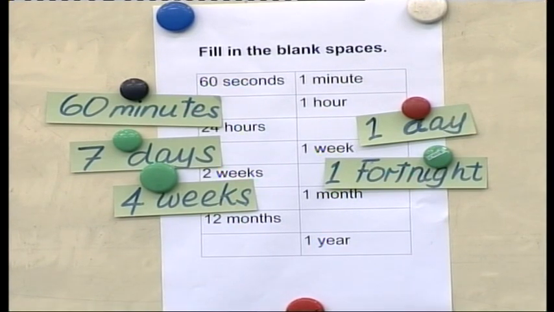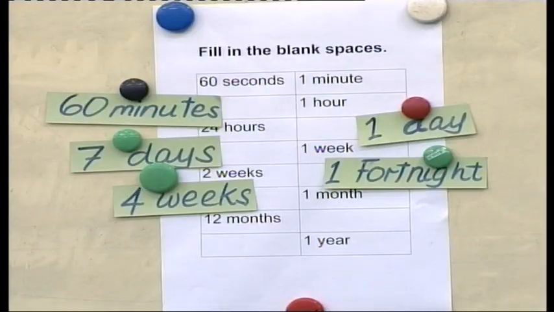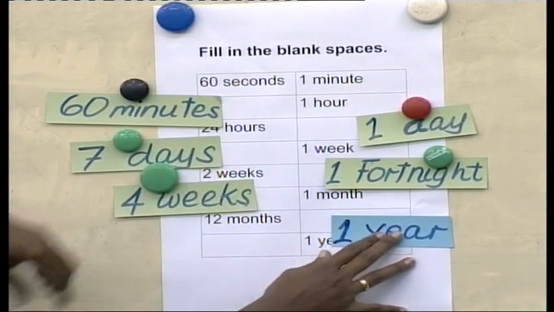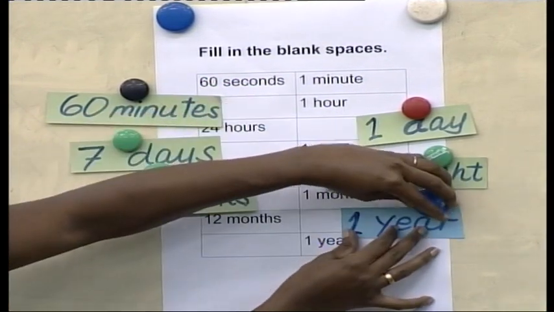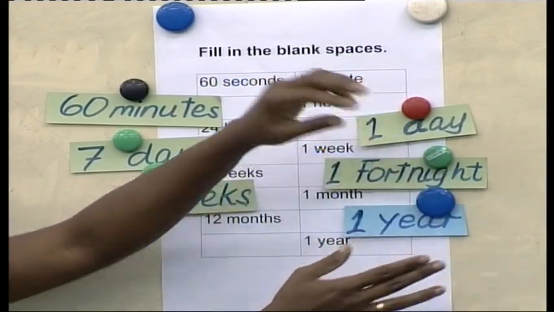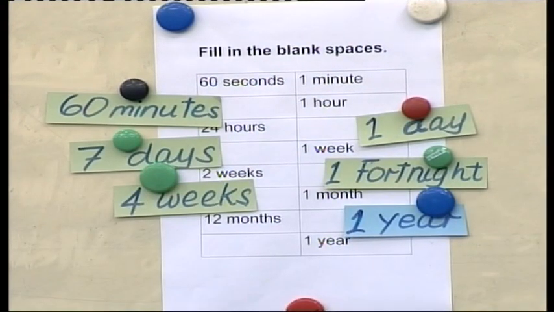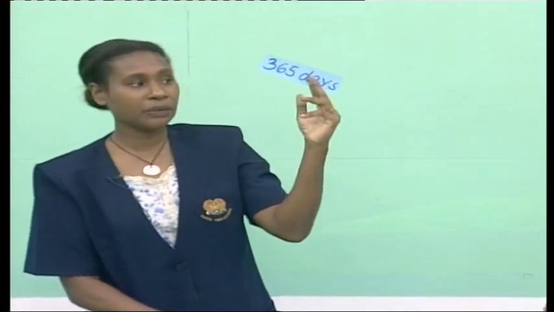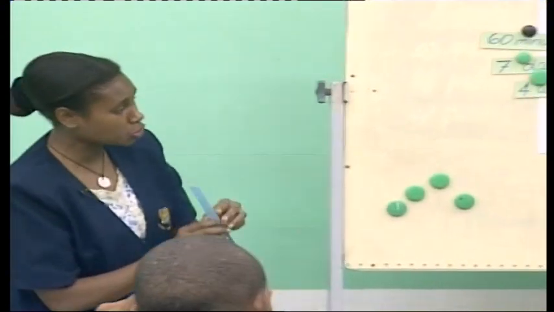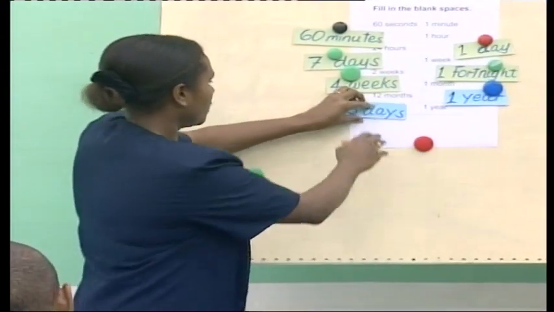12 months is equals to, Isaac? One year. Very good. 12 months makes up 1 year. And class, the last one. 365 days is equals to 1 year.